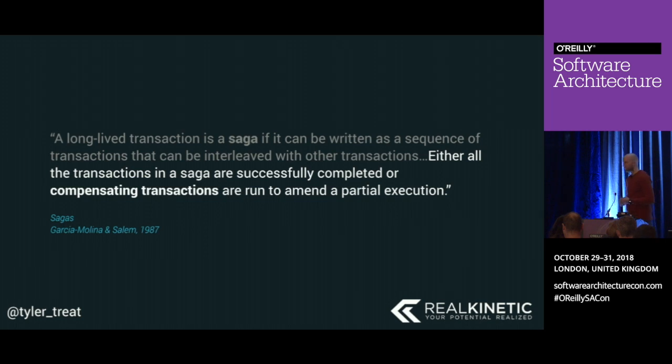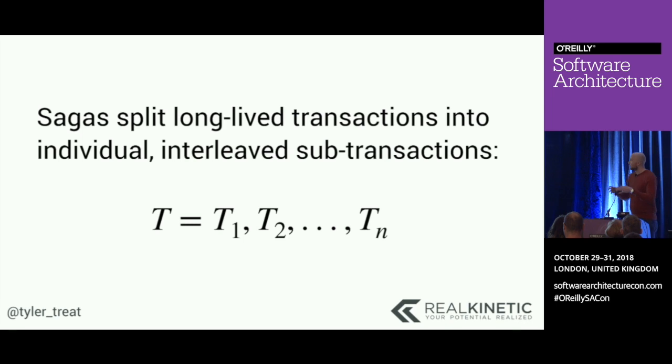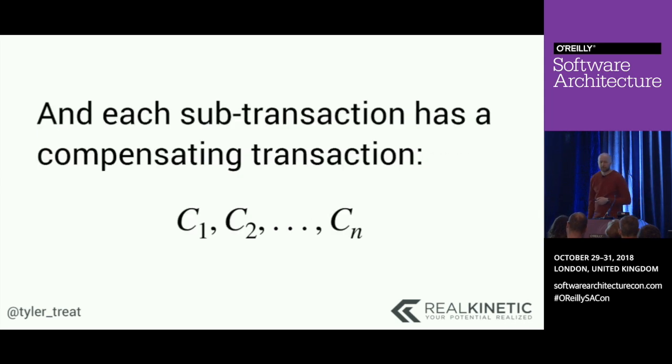And either all of those transactions complete successfully, or compensating transactions are run to return the system to a consistent state, or to amend a partial execution. And so sagas split up this long-lived business transaction into these smaller, individual, interleaved sub-transactions.